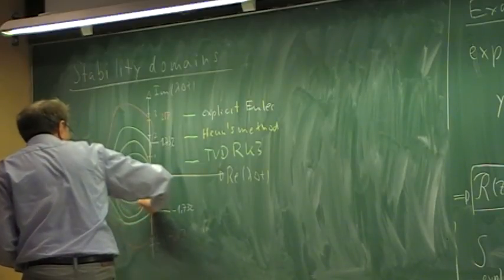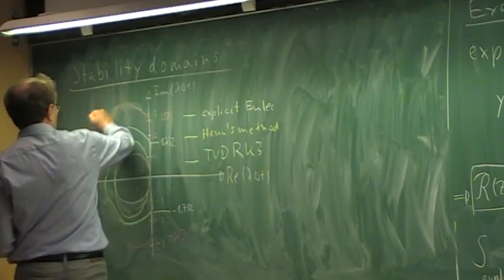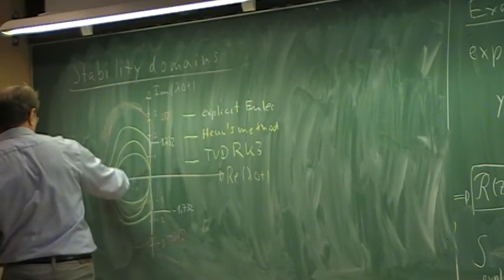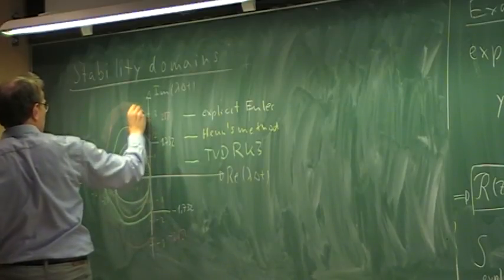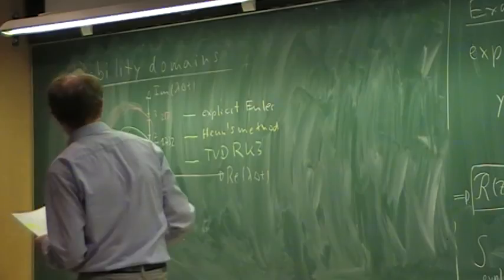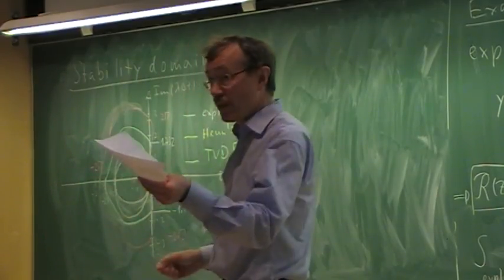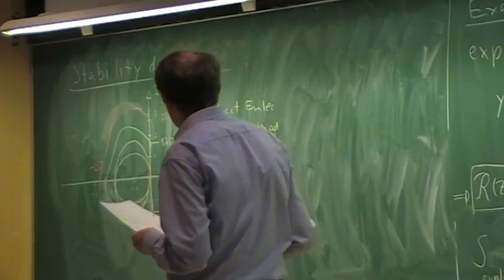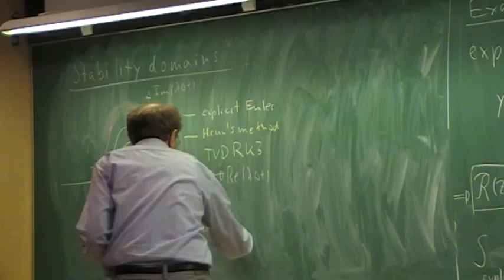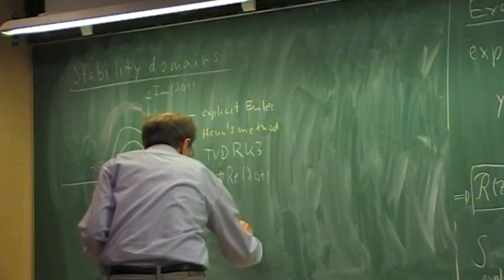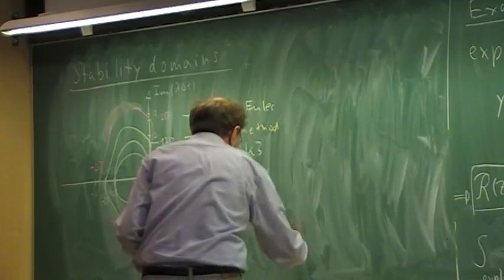It should look like a kidney, but mine doesn't look very much like it. It should be some kidney shape. You have it in the lecture notes, where you have it better. The red would be for the classical fourth order Runge-Kutta method.